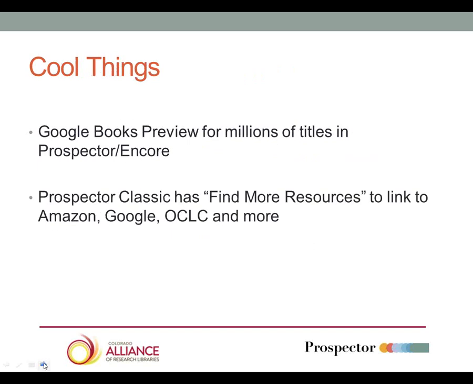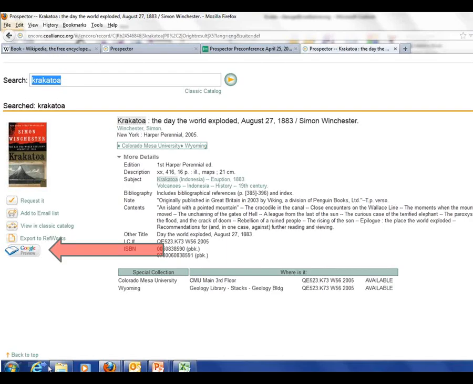A couple of other cool things, and I've already shown this: in Prospector Classic we have the Find More Resources, where if you can't find it in Prospector or there are too many holds, we send you to links to various websites, Tattered Cover, Amazon, Google Books, other places where you can get it. And then Google Preview is another thing that is supported in Encore. So this is the Google Preview.